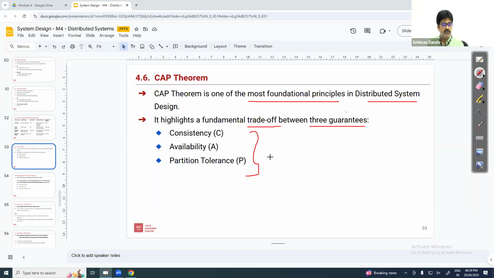The CAP theorem is to trade off between three guarantees, called CAP.